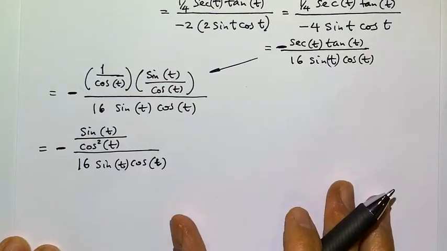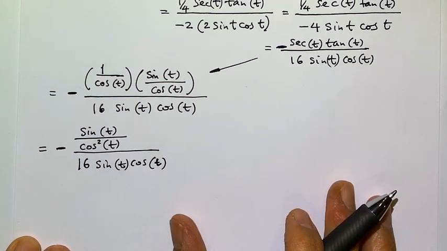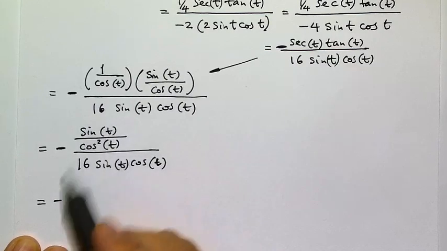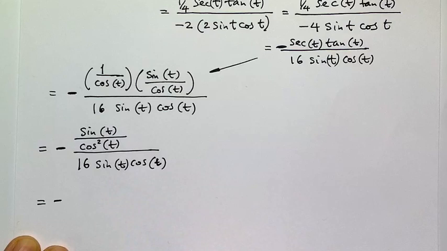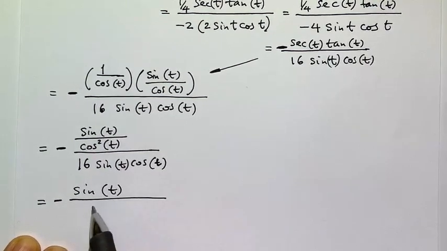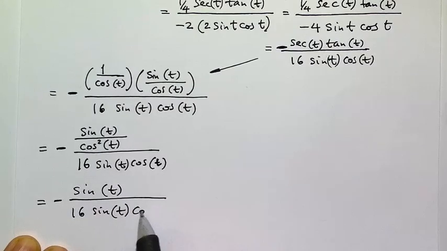So we have, let's see, so we have minus sine t, and sine t, by the way, also cancel out. But let me do it in steps. So sine of t divided by 16 sine of t times cosine cubed t, right?